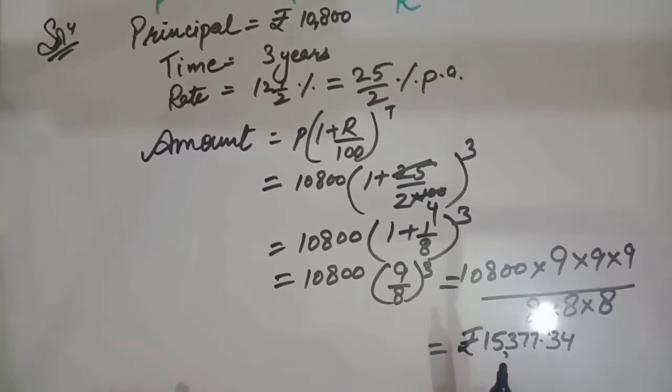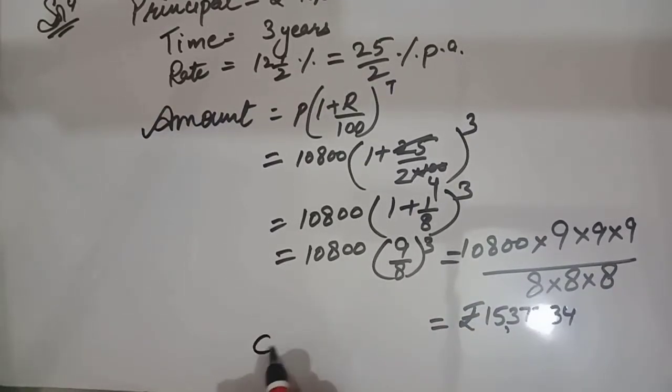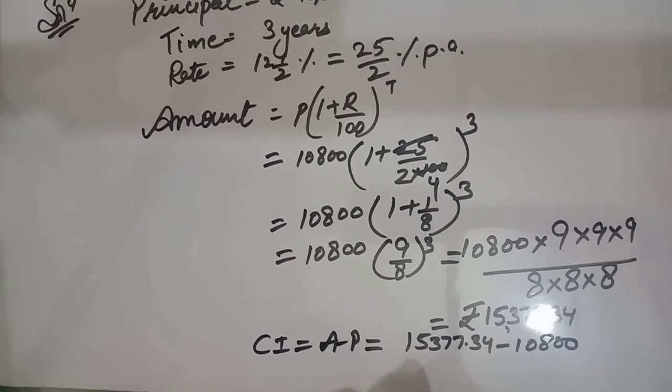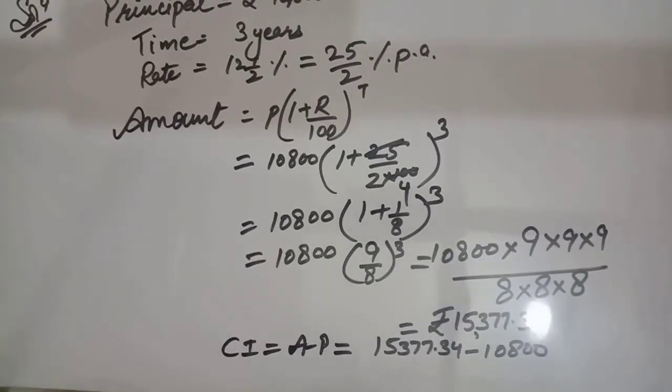For CI, for compound interest, we will deduct principal from the amount, that is A minus P, which is 15,377.34 minus 10,800, which will come out to be rupees 4,577.34.